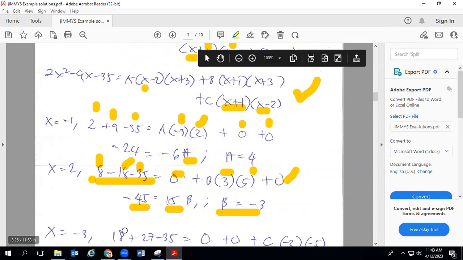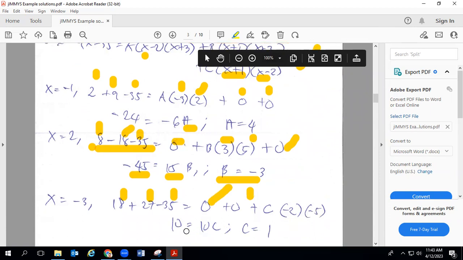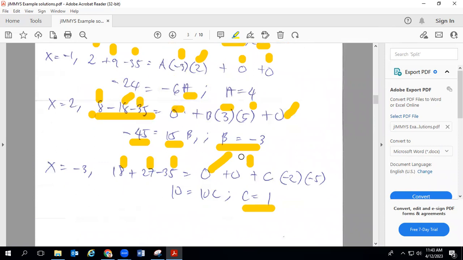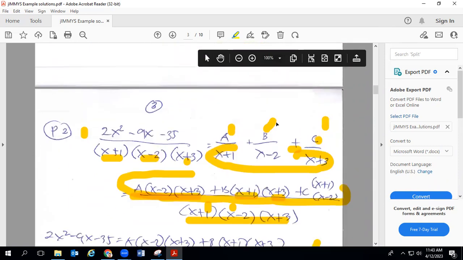Okay, 2 times negative 3 squared, negative 3 squared is 9 times 2 is 18. Negative 3 and negative 9 is positive 27. So you have here, and then here you have 0, 0, and then compute the value of C. Once you have A, B, C, you can go back from here and substitute what is A, what is B, and what is C.